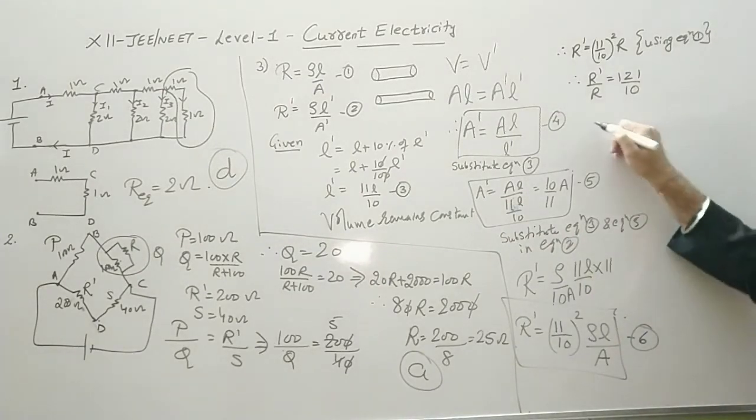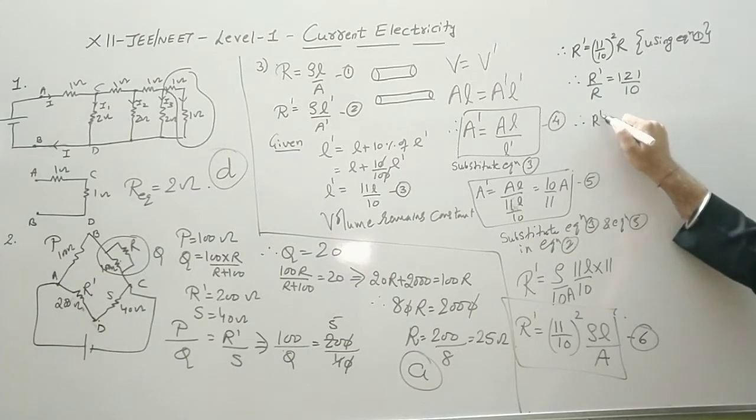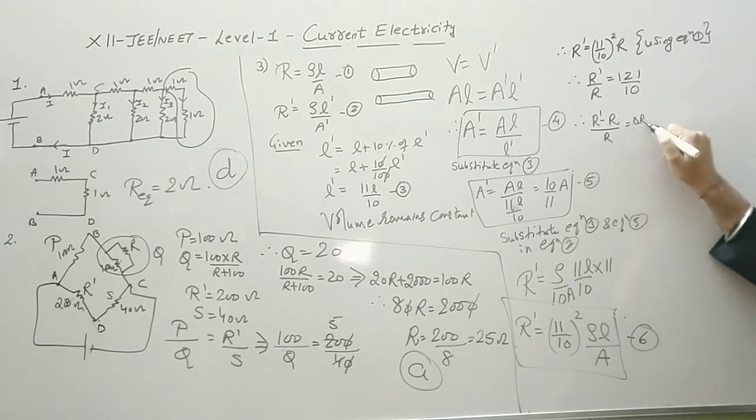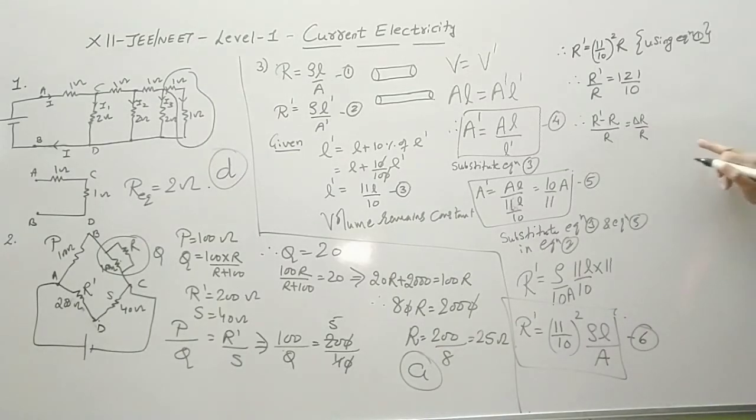Now percentage change is change in the resistance divided by the original resistance, that is written as delta R upon R. Sorry, here it will be 100, not 10, that is 10 square.